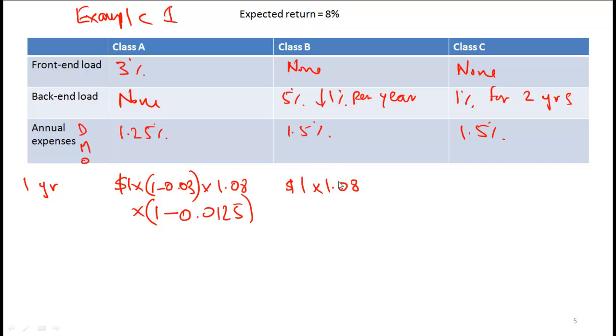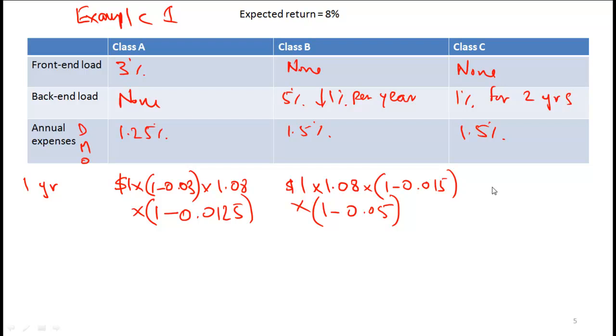One is our regular annual fee, so we multiply by 1 minus 0.015, so that's a 1.5% fee, plus there is a 5% redemption fee for 1 year. So there we then multiply by 1 minus 0.05. So this will give us how much money we have after 1 year for class B shares.